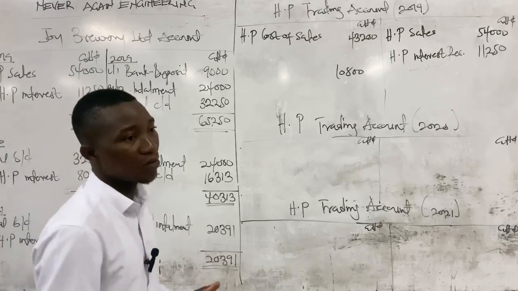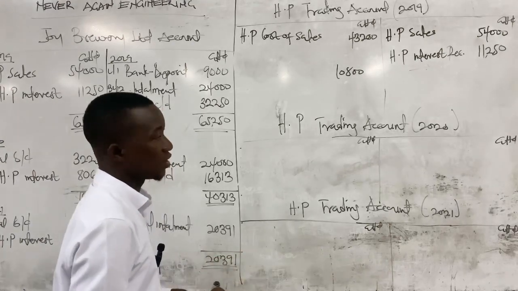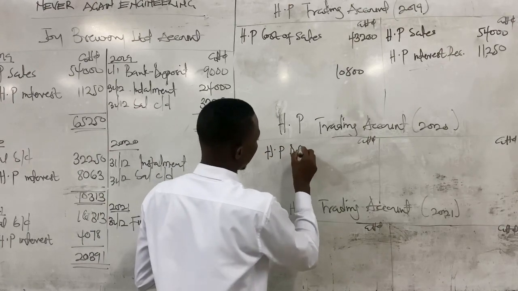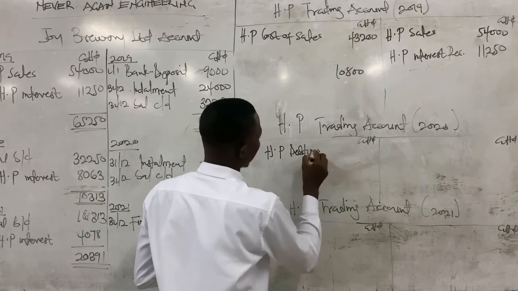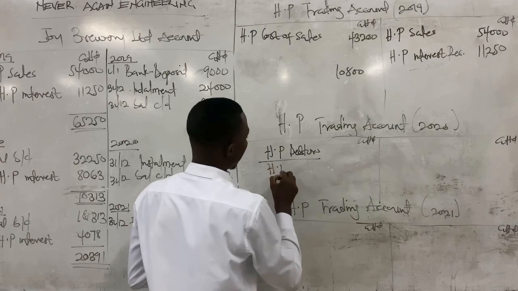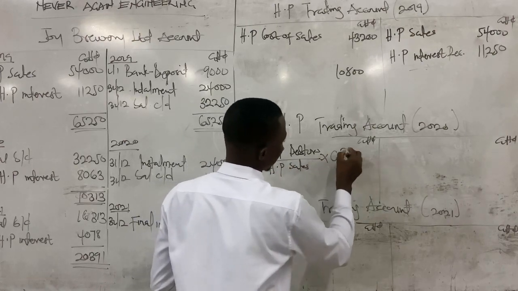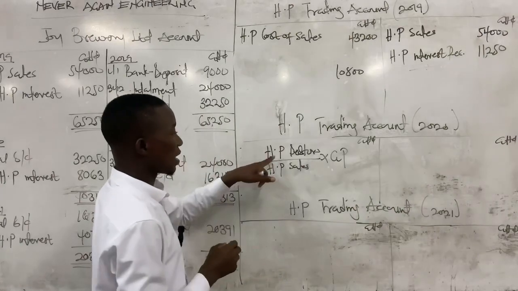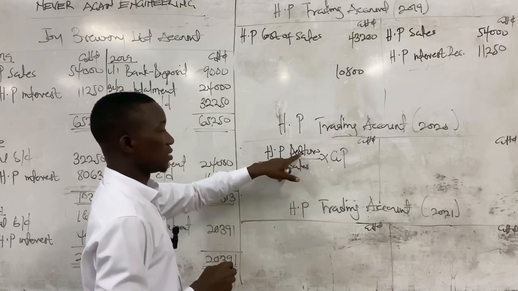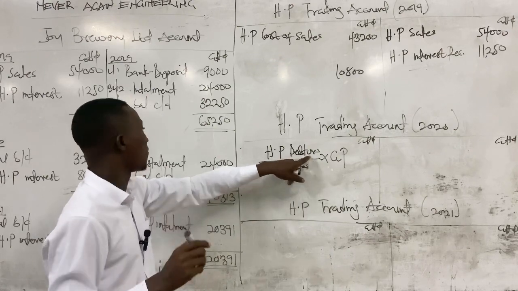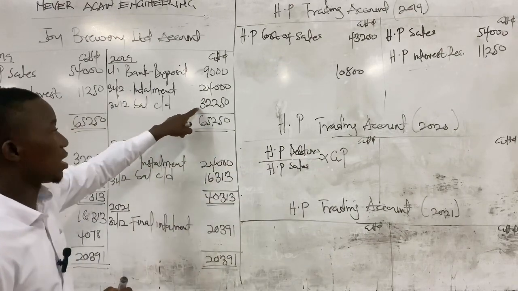The formula for calculating provision for unrealized profits is HP debtors over HP sales multiplied by the gross profit. But this HP debtors is the balance unpaid, the remaining balance, or the amount due unpaid. So that is the carry down.